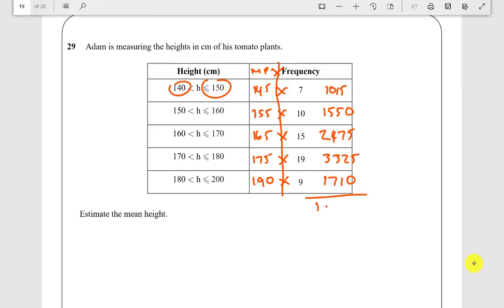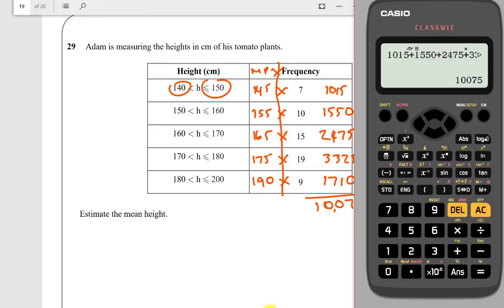So let's write down the answer here, 10,075. Okay, just double check that.